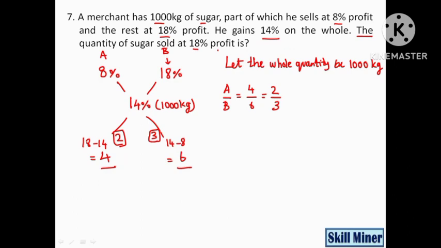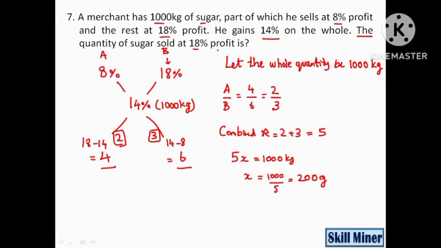Okay, the combined ratio will be 2 plus 3, which is equal to 5. So 5 of x gives 1000 kg. So x value will be 1000 divided by 5, which is equal to 200 gram. Now I have found the x value, which is 200 gram.